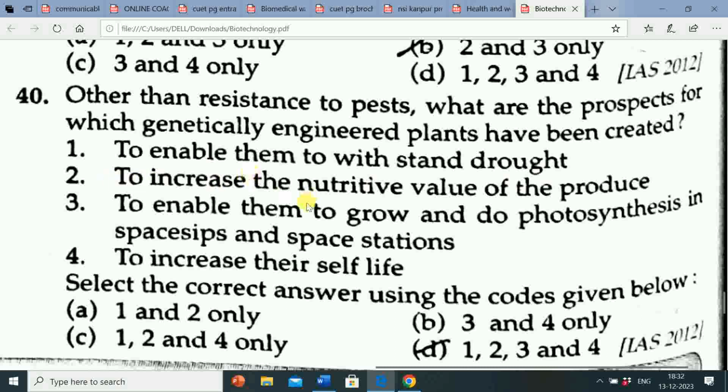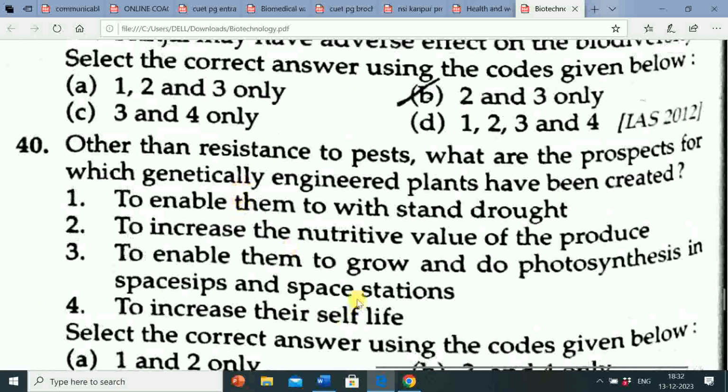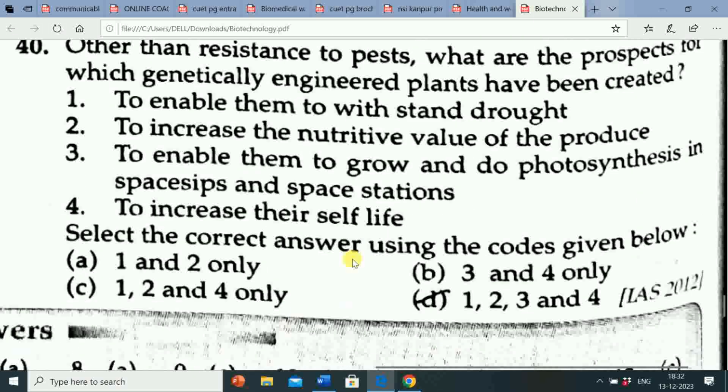Second statement, to increase the nutritive value of the produce. Third statement, to enable them to grow and do photosynthesis in space ships and space stations. Fourth statement, to increase their shelf life. So here the correct answer is option D, first, second, third and fourth.